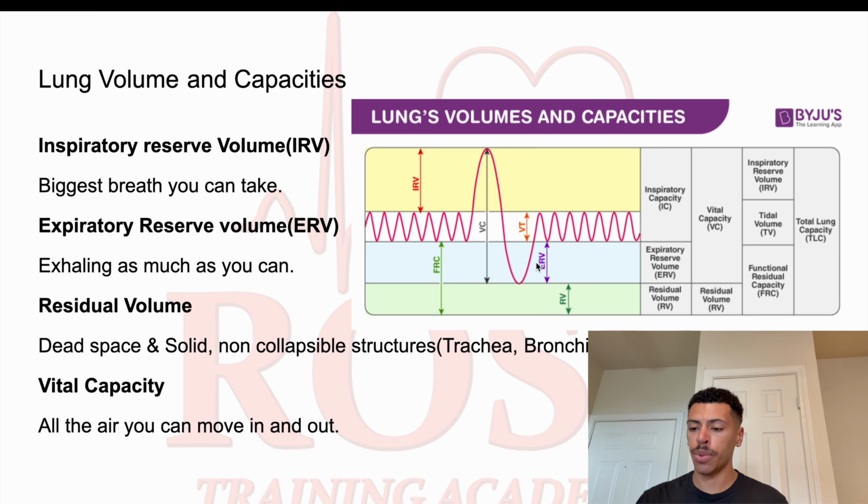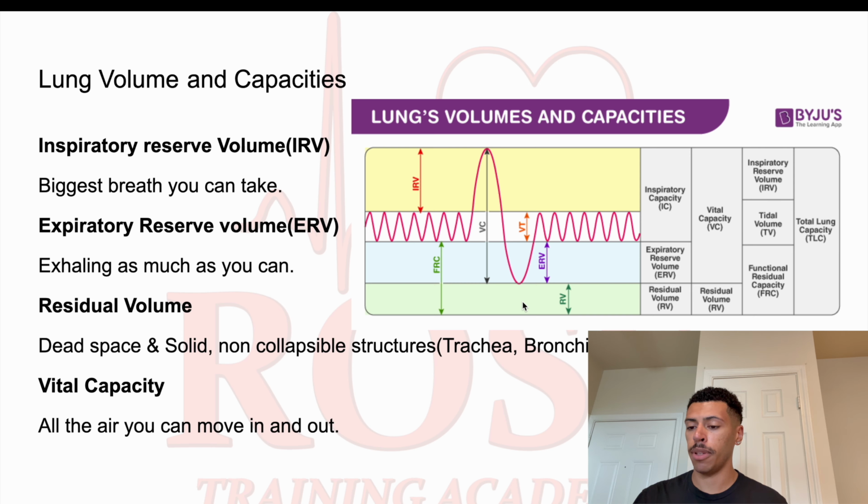And you might be curious why it's not going down further into this green area. And that's simply just because it can't. Down here in this green area is going to be your residual volume. And this is going to be dead space, or the non-collapsible structures in your airways, such as your trachea and your bronchi. You just can't collapse those.